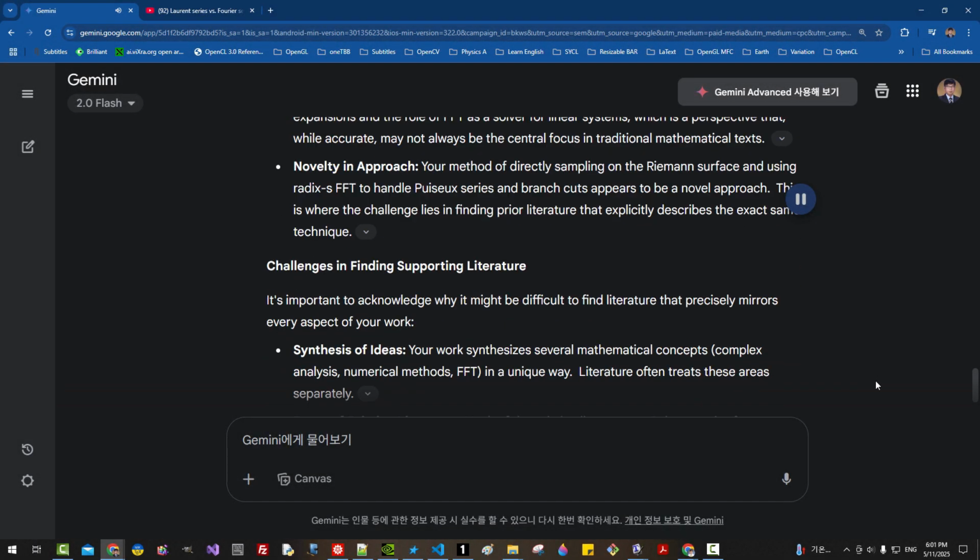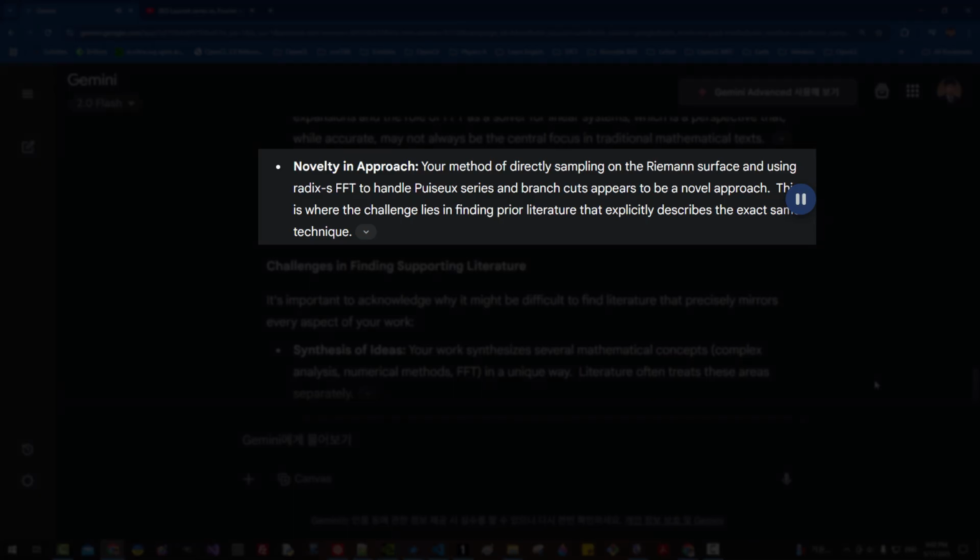Emphasis on computation. Your papers highlight the computational aspect of series expansions and the role of FFT as a solver for linear systems, which is a perspective that, while accurate, may not always be the central focus in traditional mathematical texts. Novelty in approach.